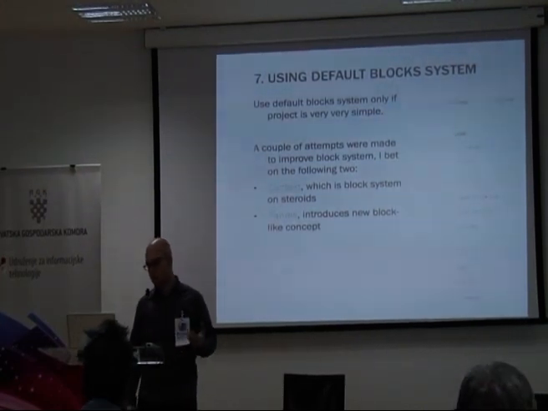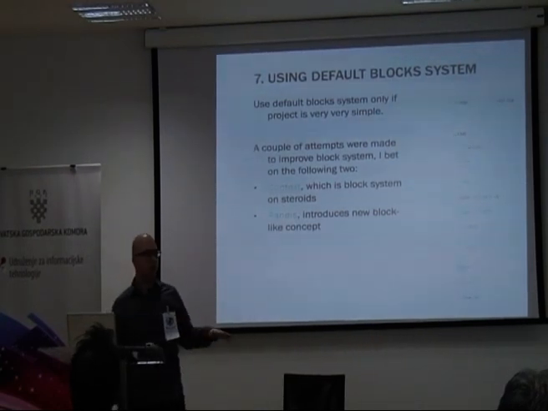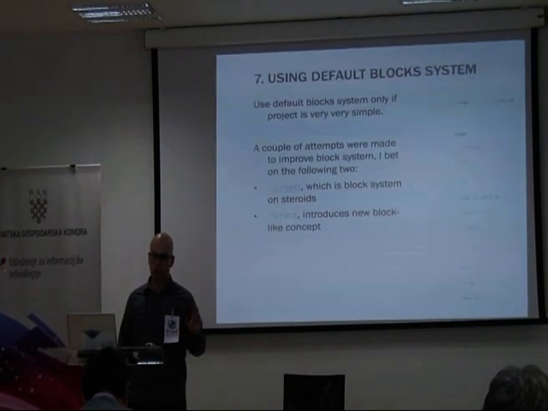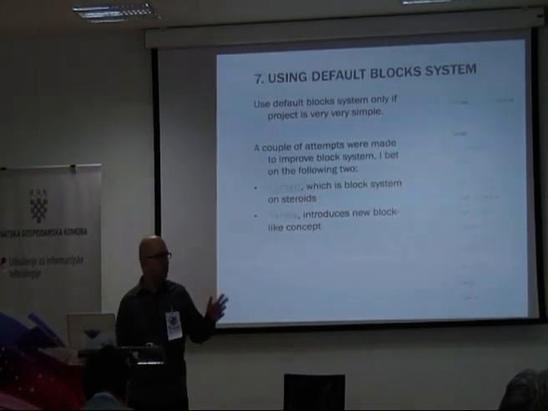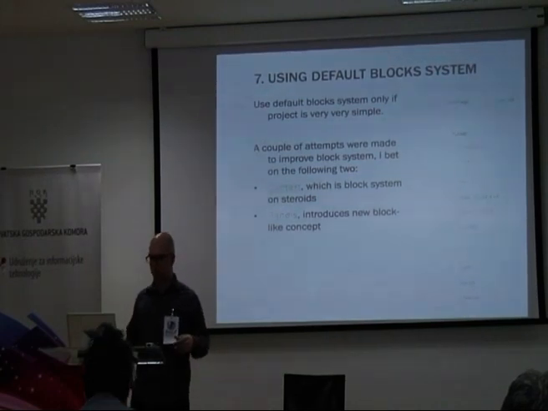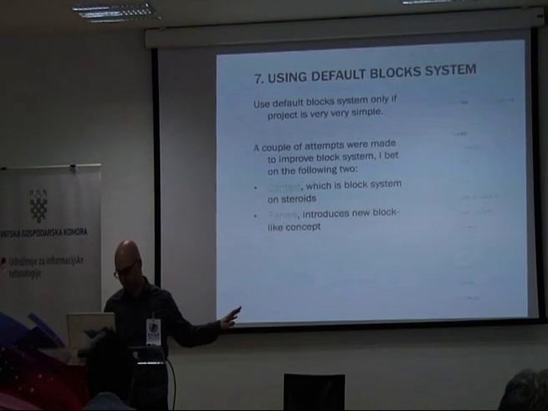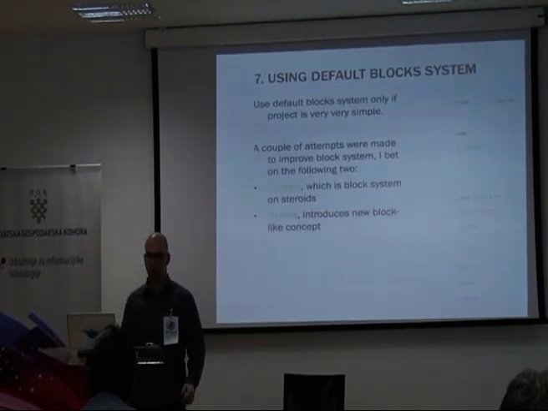So in this case, I recommend using context or panels. They are totally different stories, but you can Google what the use cases are for context or for panels. A lot of times I use both at the same time. But I don't use the default block system anymore because it doesn't work for advanced projects.